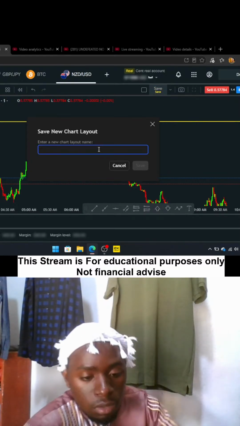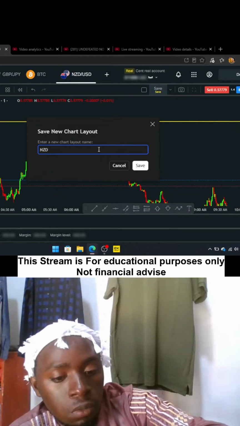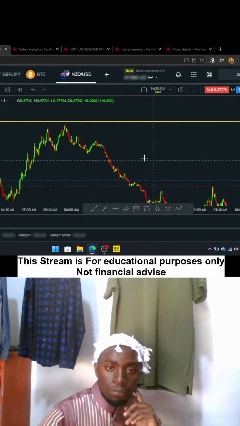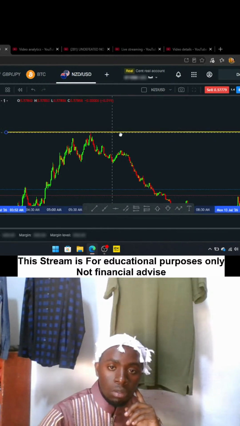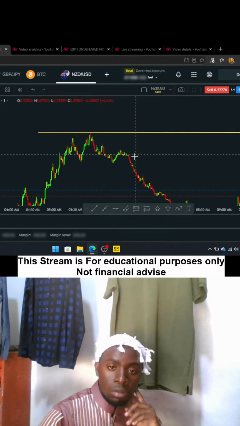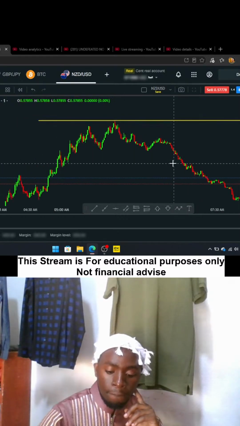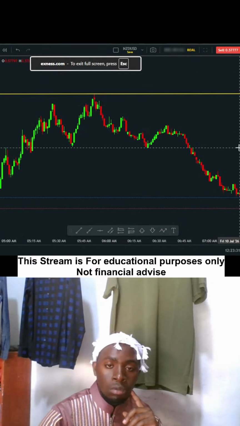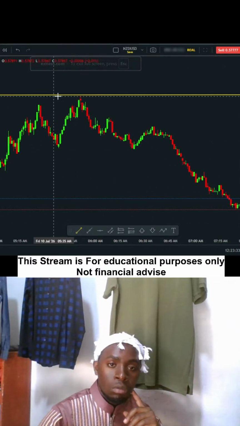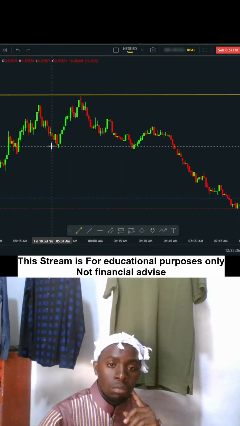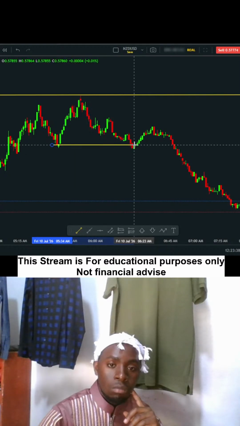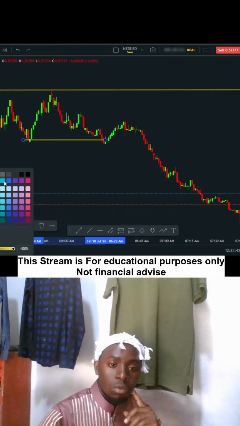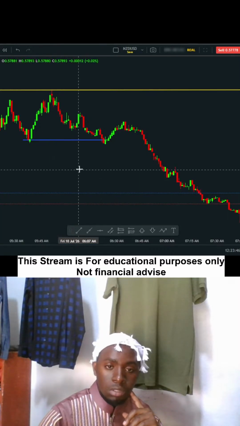Nasdaq USD. This is a Nasdaq USD. This was a 1 minute market structure shift.